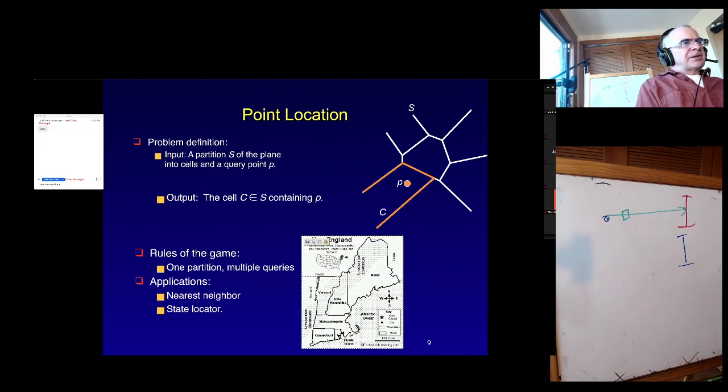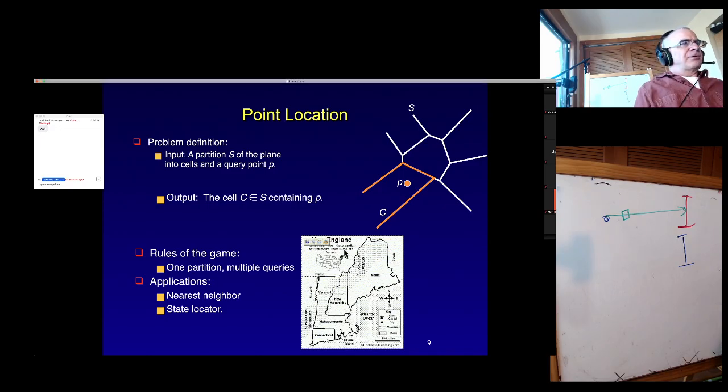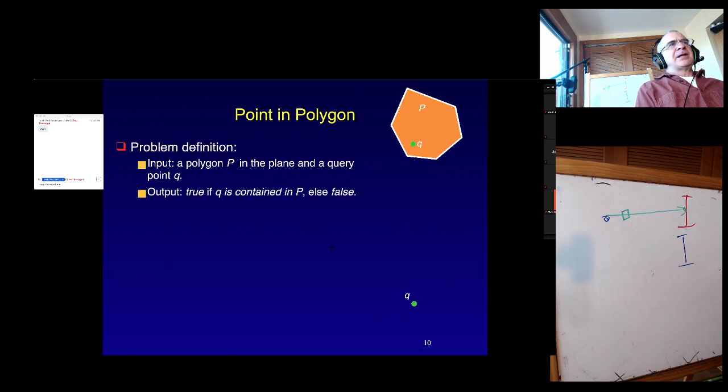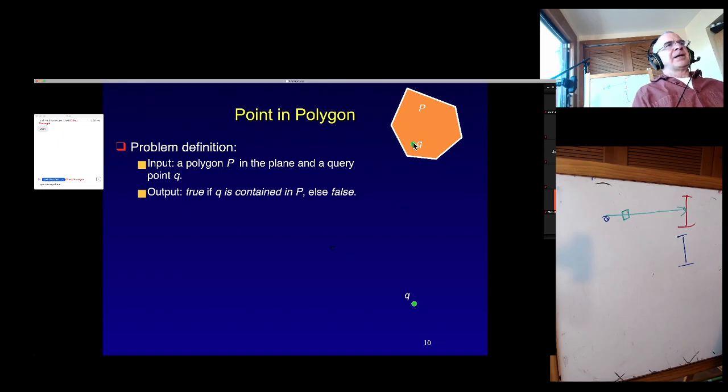Okay, you landed on a map. Find where you are, which country did you land in. That's a point location query. But you notice that we had countries or states earlier, and I want to ask, hey, a point Q, are you at all inside the room, the cell called P, now P for polygon?